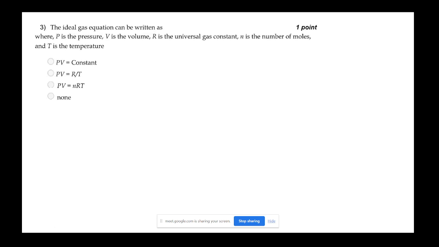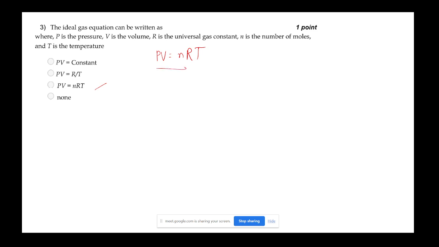Moving forward to the next question, the ideal gas equation can be written as. Now this is the most basic question, you need to remember this equation at least. If you are not able to remember any non-ideal gas equation of state, then it is okay, it will be mentioned, but you should remember this. So what is that equation? It is PV equals nRT.